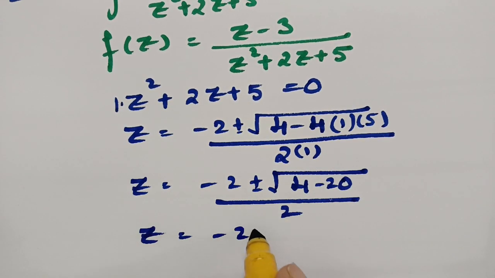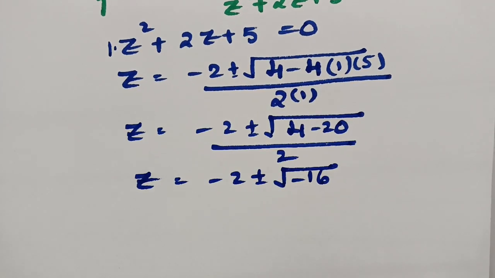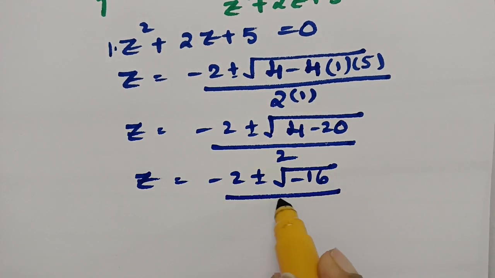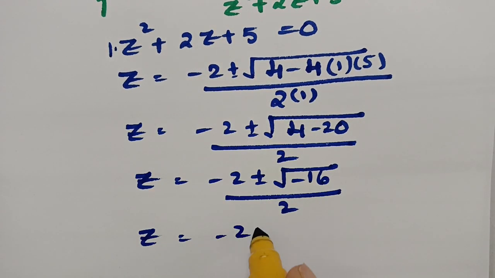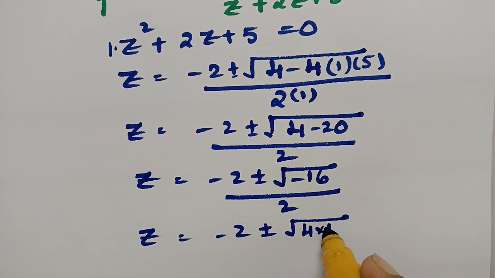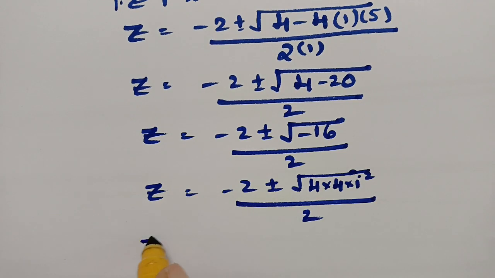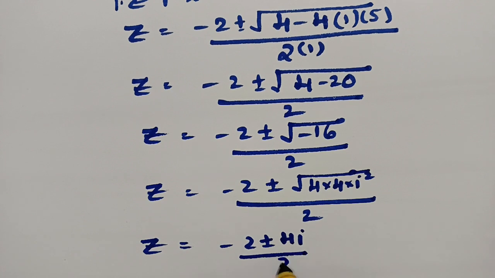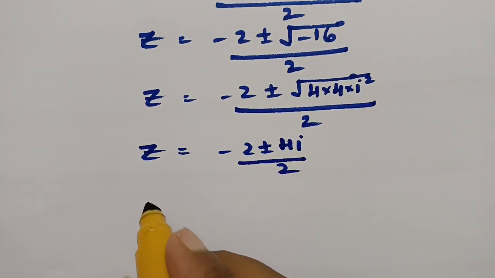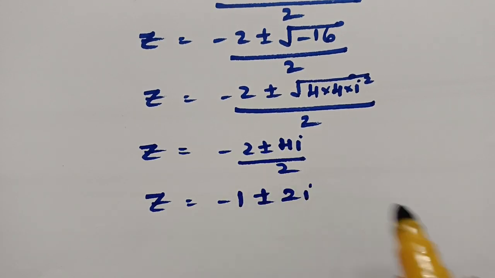So z equals minus 2 plus or minus root of (4 minus 20), by 2. So z equals minus 2 plus or minus root of minus 16, by 2. Root 16 is 4, and minus 1 is i squared, so z equals minus 2 plus or minus 4i by 2. Cancelling with 2, this is minus 1 plus or minus 2i.